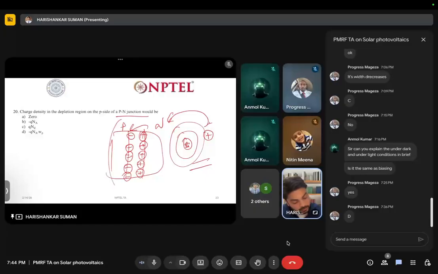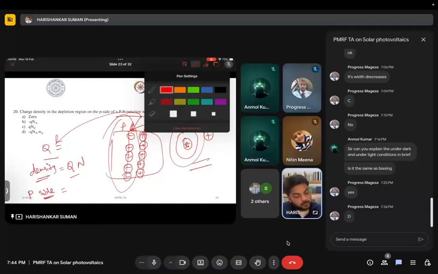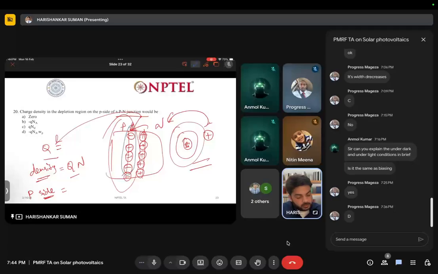So the charge density at the P side, this side: density means charge and number of charge carriers. So let's say q and n, and what is the sign of q on the P side? Please tell me. Please see the sign, guys.